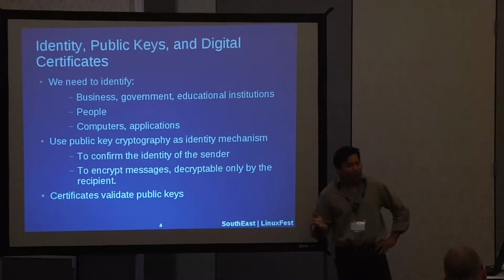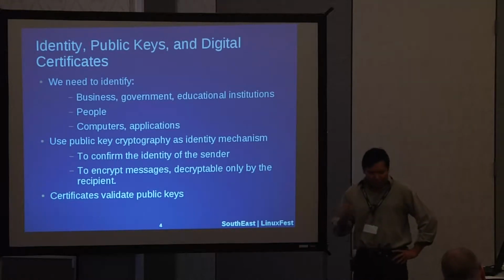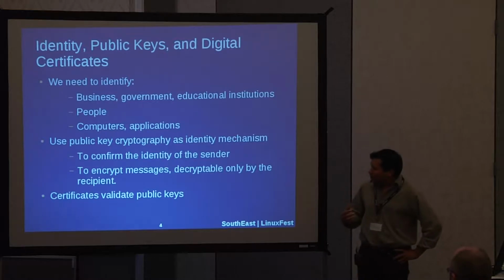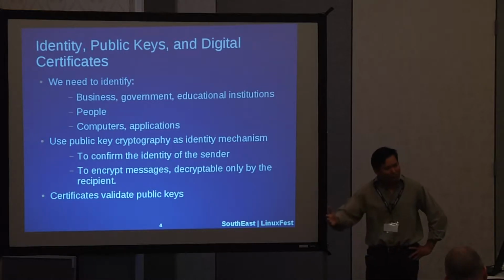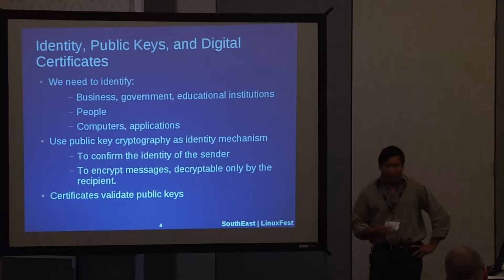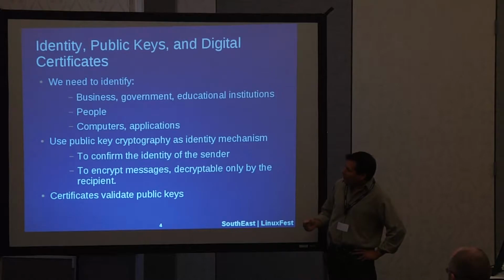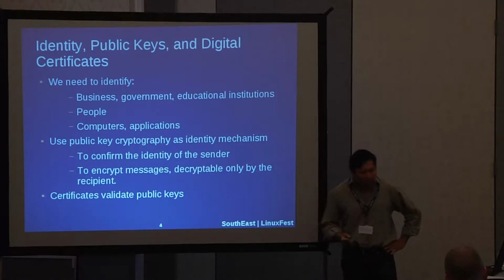So you can do things like encrypt email, for example. If you encrypt your email with your private key, anyone with the public key can read it. And if they send it back to you encrypted with your public key, only you can read it. So, encrypted email. Computers and applications are the same kind of thing.